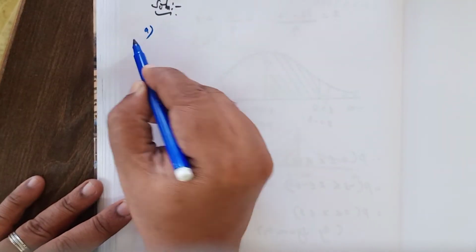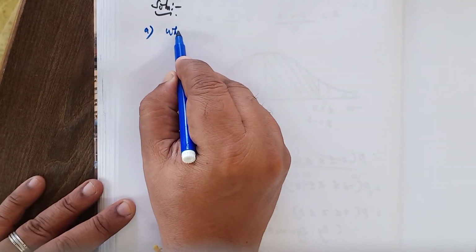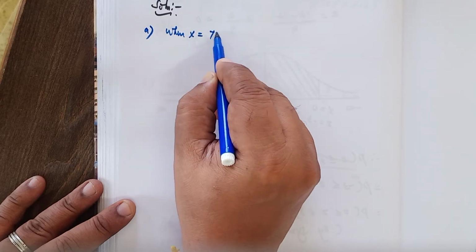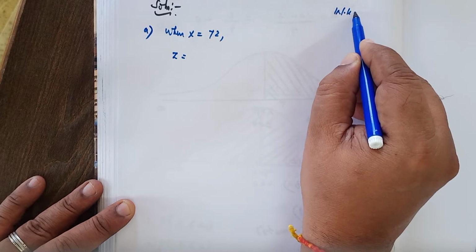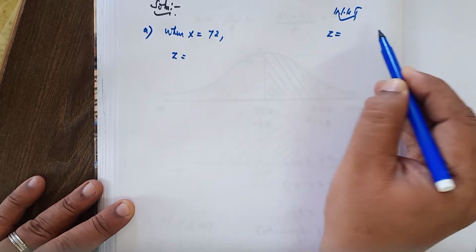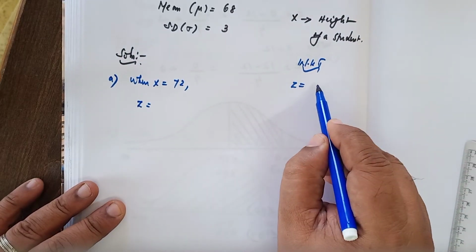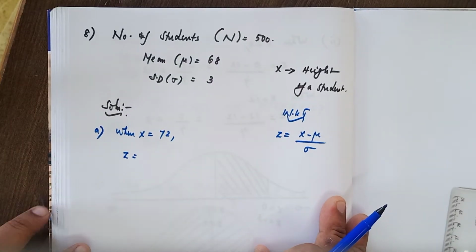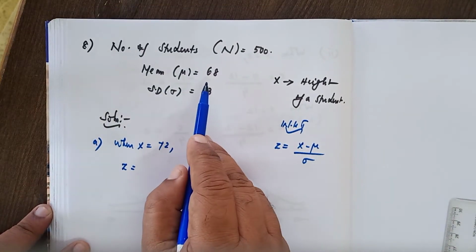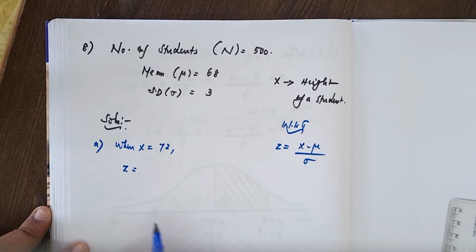When x is equal to 72, we have to find out z. We know that z equals x minus mu divided by sigma, right? You are given mean and standard deviation.